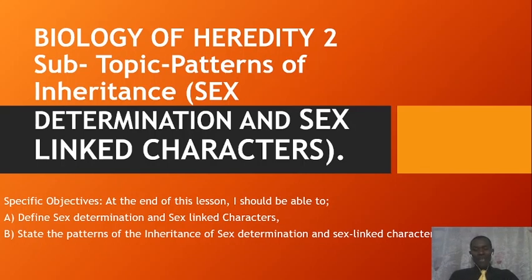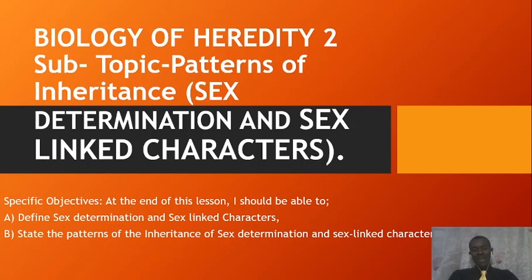They are quite different from other characters, and they are transmitted in a different pattern from what we learned in monohybrid crossing and dihybrid crossing, complete dominance and incomplete dominance, although they will show a little sign of complete dominance. So we're going to be looking at these two aspects in our pattern of inheritance. Remember, sex determination and sex-linked characters. We're going to be watching and seeing how these things are done.